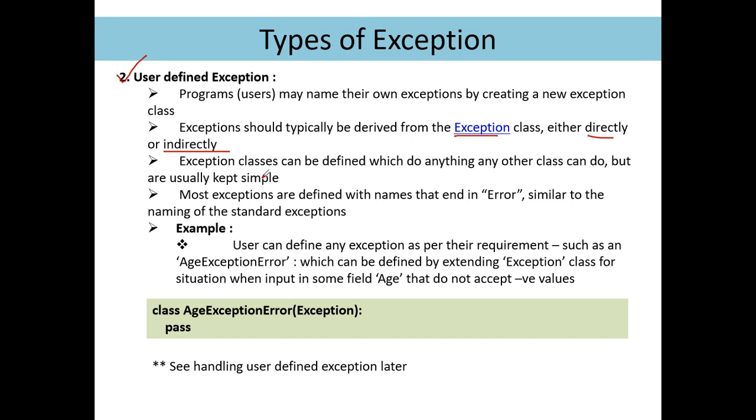Okay. So next, the exception classes are, by convention, named with Error at the end, meaning at the last you should add Error. That is a convention; you may follow it, you may not. I'm giving an example, AgeExceptionError. This AgeExceptionError is not a system-defined exception, as the system will not understand the age criteria.